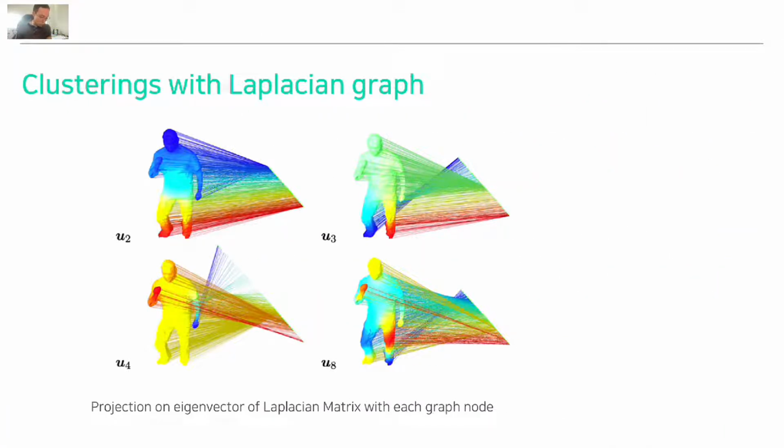From the normalized Laplacian matrix, these are the second, third, fourth, and eighth eigenvectors. The input graph is from human behavior based graph data, and it is colored by the value of the eigenvector.